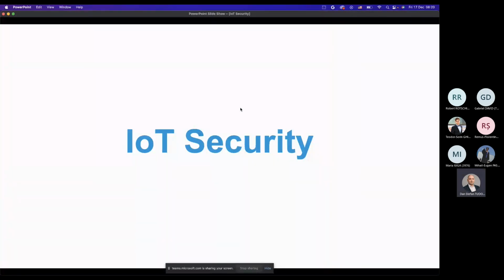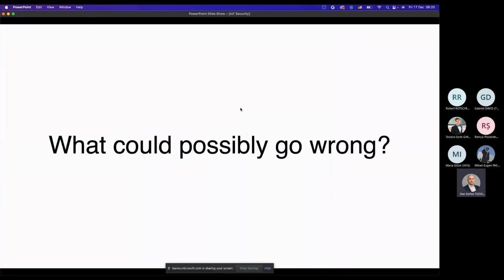So applications in which resources are limited, but we use them efficiently in order to employ as much security as possible to our devices. So the main question is, what could possibly go wrong? Well, a lot of things could go wrong.